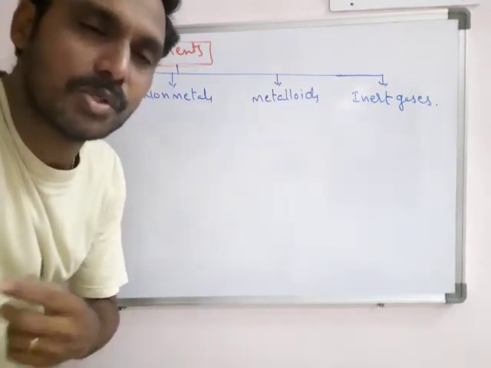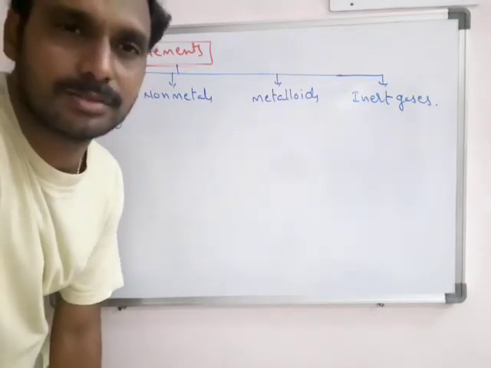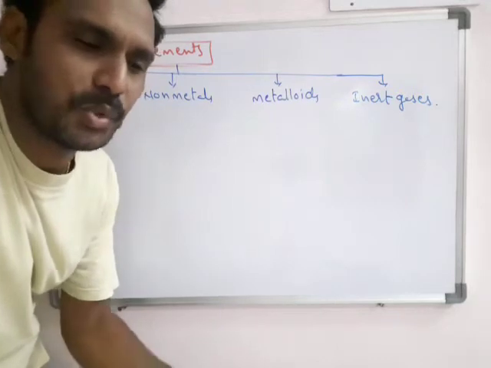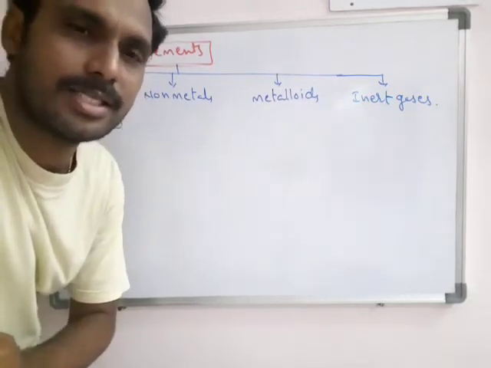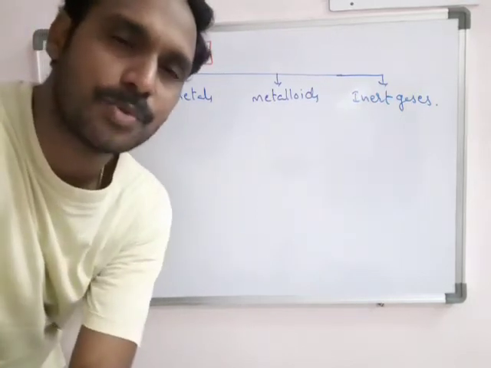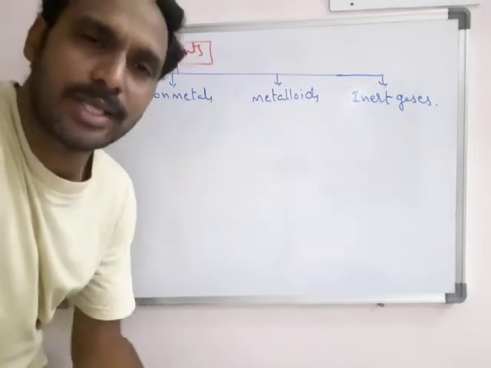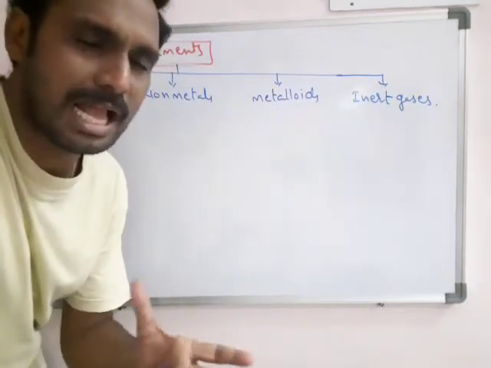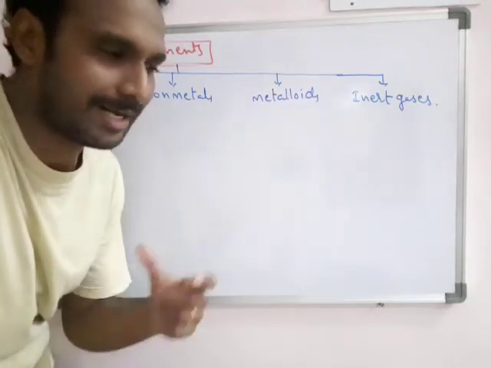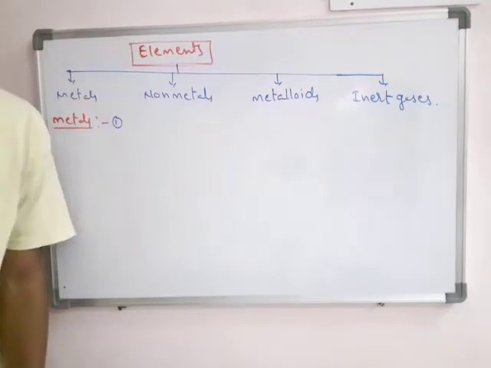Any other metals? Gold, silver, mercury. All these are metals. Is bronze a metal? Bronze is not treated as a metal. Sodium, aluminium, we have many metals. Metals generally have a lustrous nature. First we write the natures and then we explain.